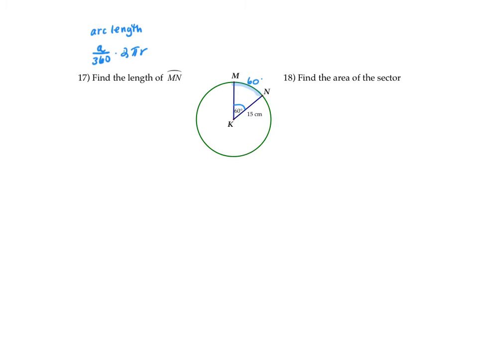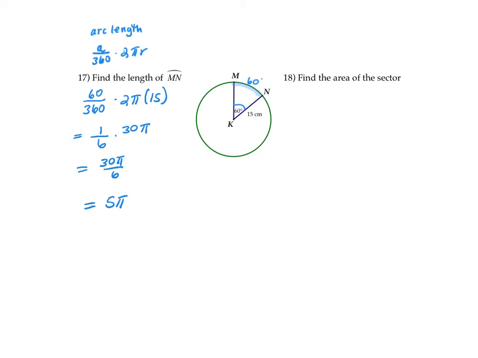So we take our angle 60 divided by 360 and multiply by 2 times pi times the radius, which is 15. 60 over 360 reduces to 1/6. 2 times pi times 15 is 30 pi. And then we want to multiply those. That would give you 30 pi over 6, which can be reduced to 5 pi.